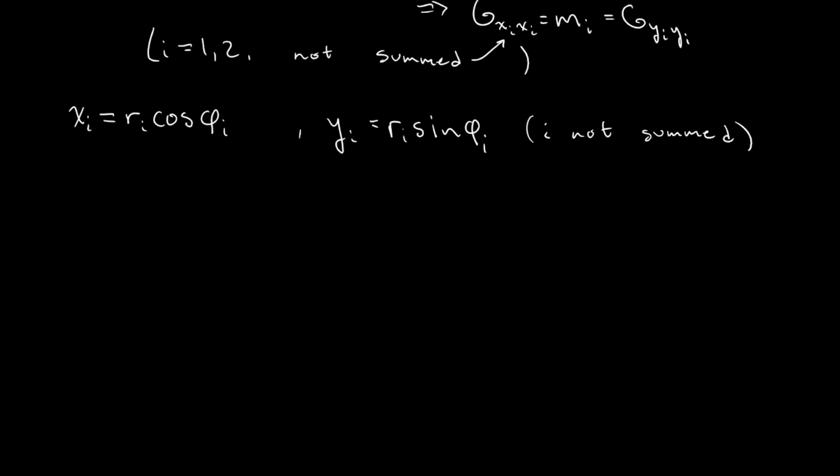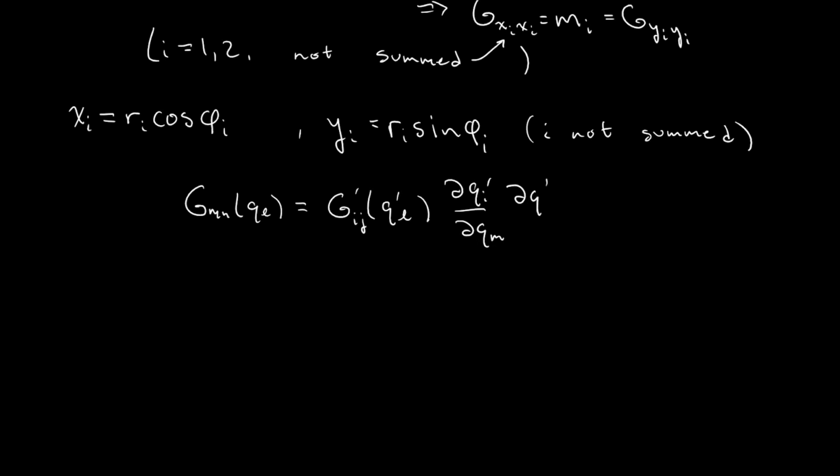So if we remember our transformation property, G, we'll call it G_mn, and our old coordinates, which I'll call q_l, are given in terms of new coordinates, which I'll call q prime, by ∂q_i/∂q'_m ∂q_j/∂q'_n.